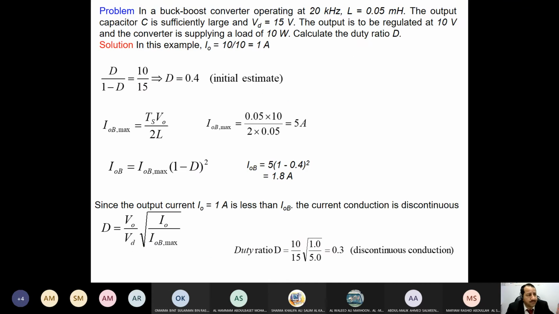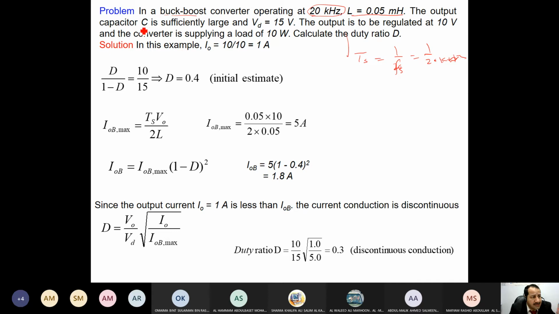Let's take an example to clarify the point. A buck boost converter is operating at 20 kilohertz. Directly I say TS equals 1 over Fs, 1 over 20 kilohertz. Inductance is given to you.